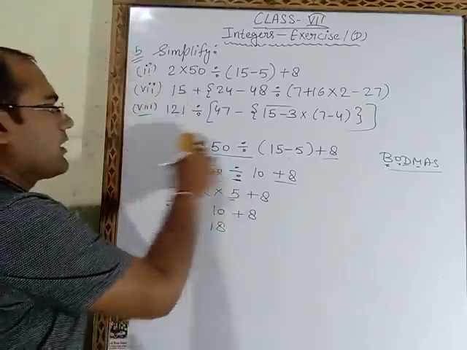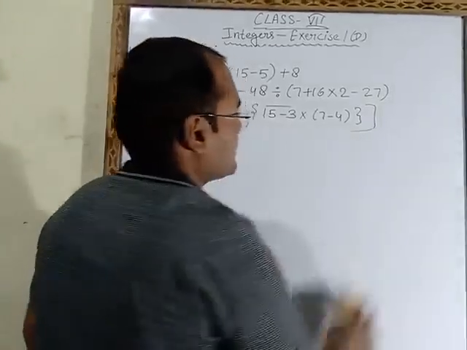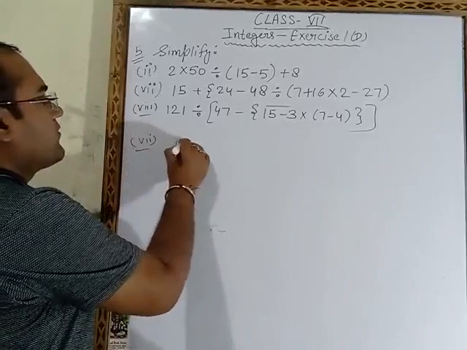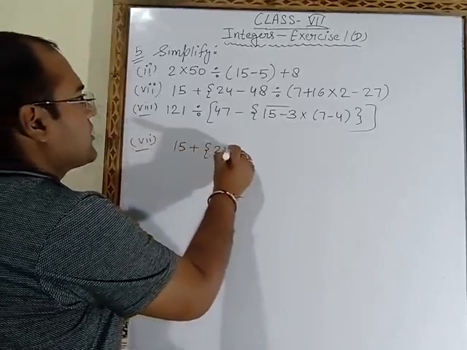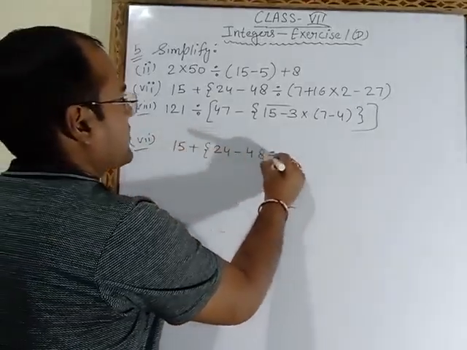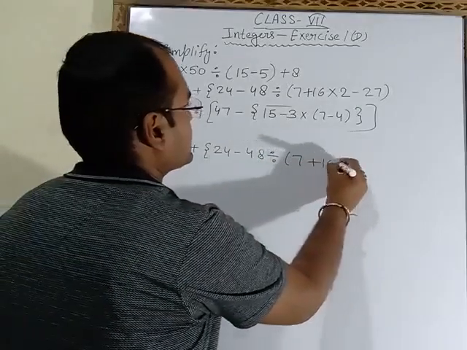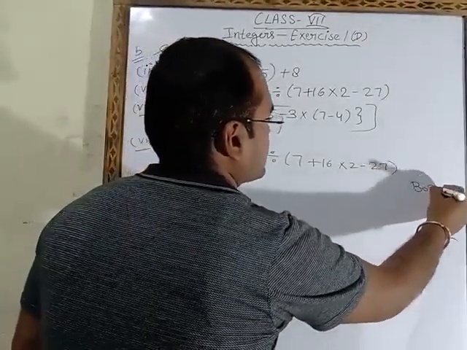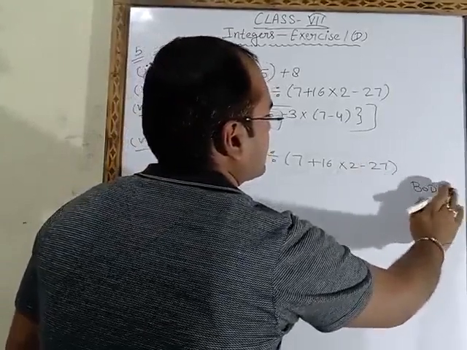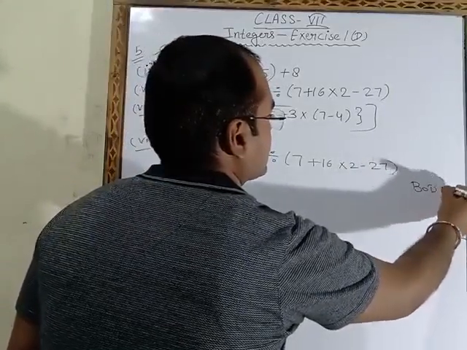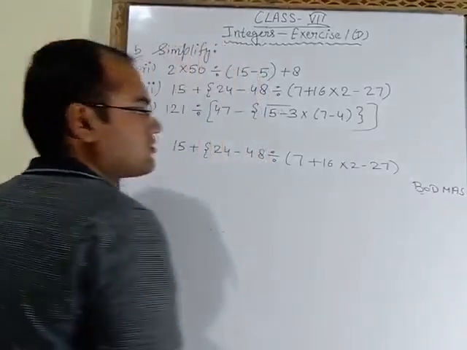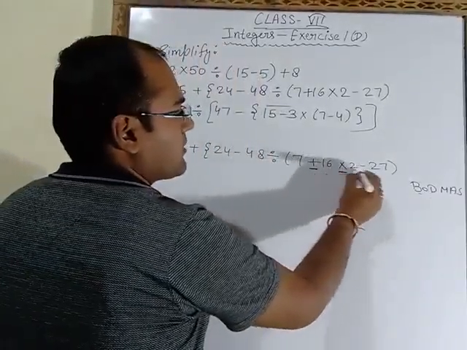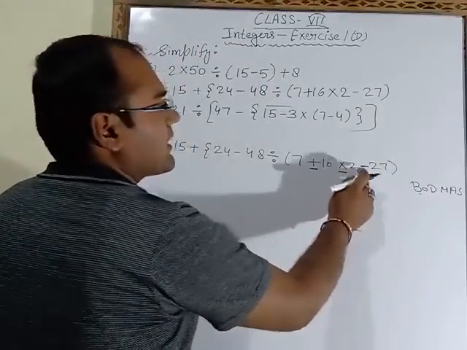Now see 7th part. Part number 7. 15 plus 24 minus 48 divided by 7 plus 16 into 2 minus 27. So in this question also we will use BODMAS. First of all we have to solve the bracket. In this bracket, plus is coming, multiply is coming, and minus also.